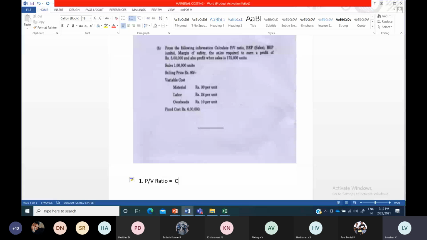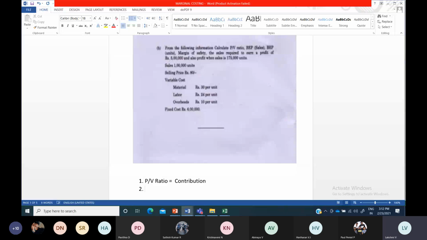So contribution, from the statement you can find out the contribution.